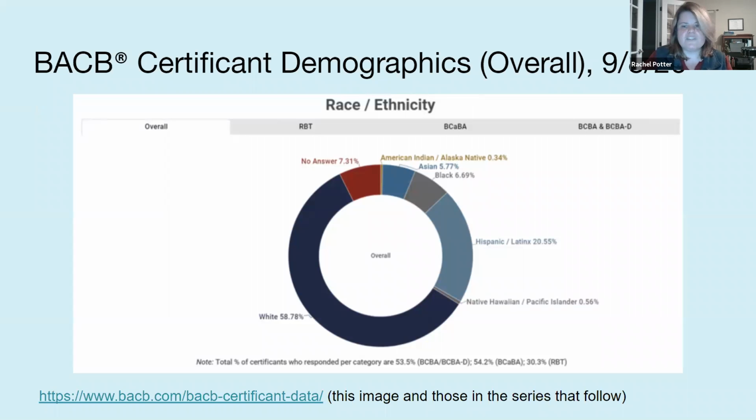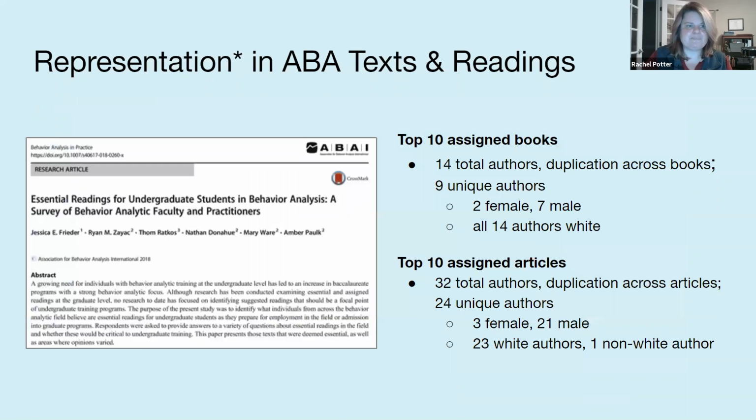So Veronica, if you take us to the next slide. This article came out in one of ABAI's journals, Behavior Analysis in Practice. What they did was they took a look at institutions that were teaching ABA content to undergraduates. It was a survey-based project where they basically said, all right, what books are you using? What are you teaching with?